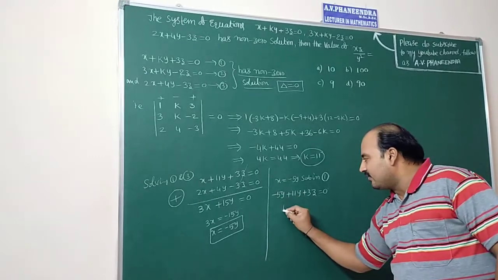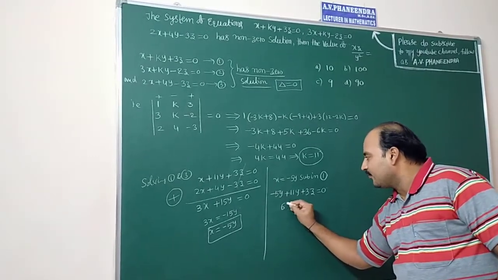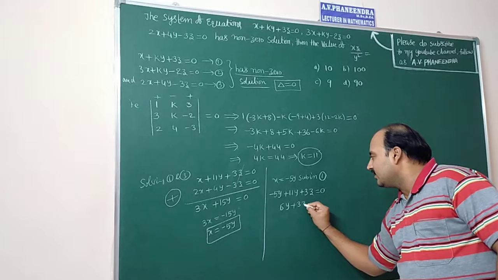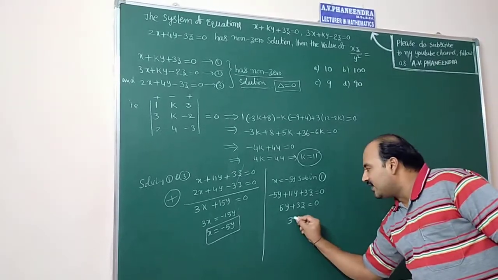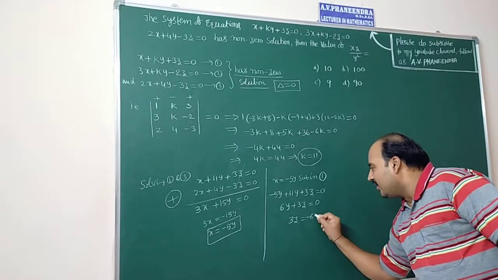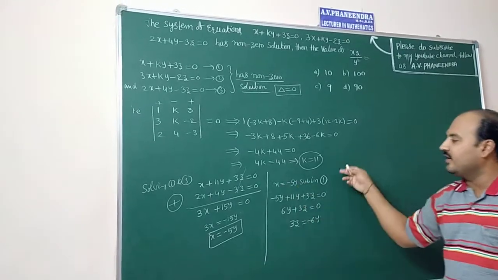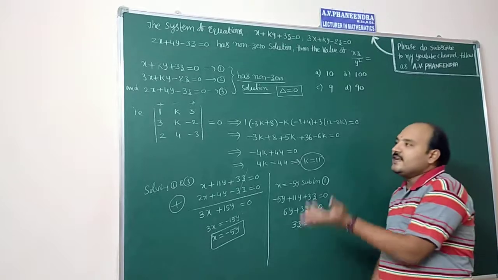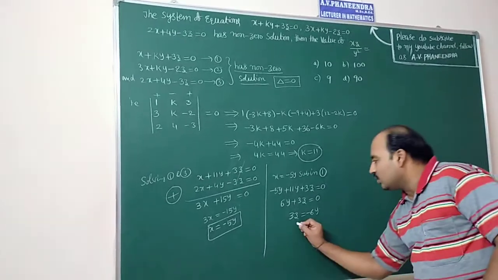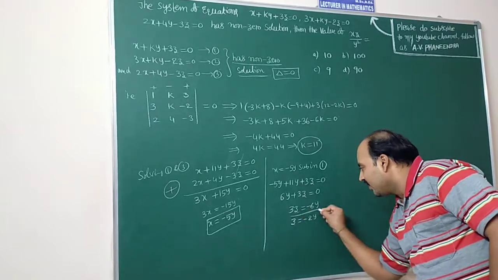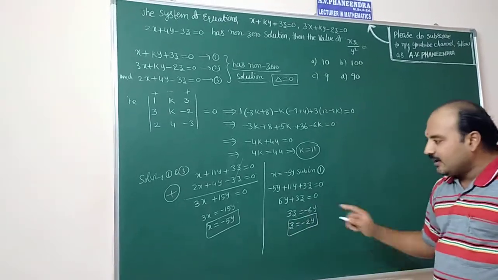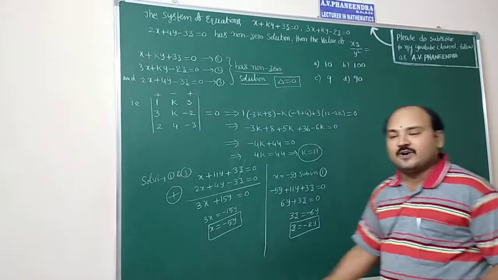Minus 5y plus 11y is 6y plus 3z is equal to 0. 3z is equal to minus 6y. Why are we substituting x equal to minus 5y in only one equation? Because we are converting z in terms of y. So z equal to minus 2y. Z value in terms of y, x value in terms of y.